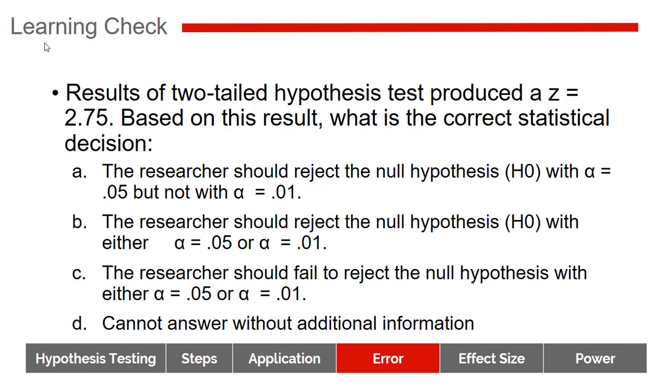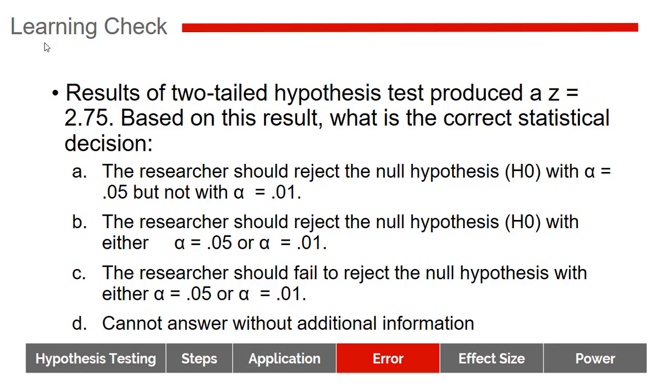The results of a two-tailed hypothesis test produced a z of 2.75. Based on this result, what is the correct statistical decision? We've got 4 different options here. Let's take them one at a time. A, the researcher should reject the null hypothesis at 0.05, but not with alpha at 0.01.